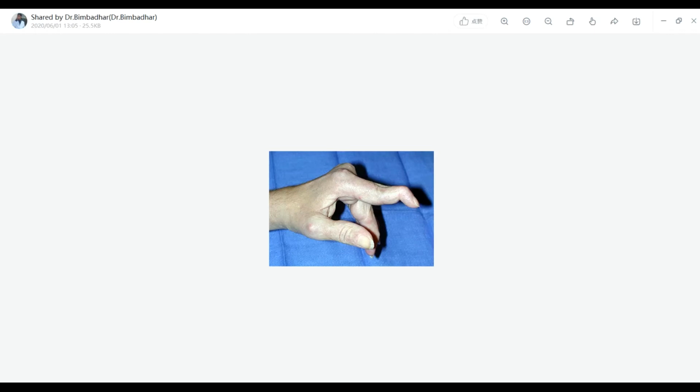See, there is a swan neck deformity of the second phalanx, and there is a Boutonniere's deformity present on the third phalanx, right? Yes or no? Perfect, right? So now is it clear? Okay.